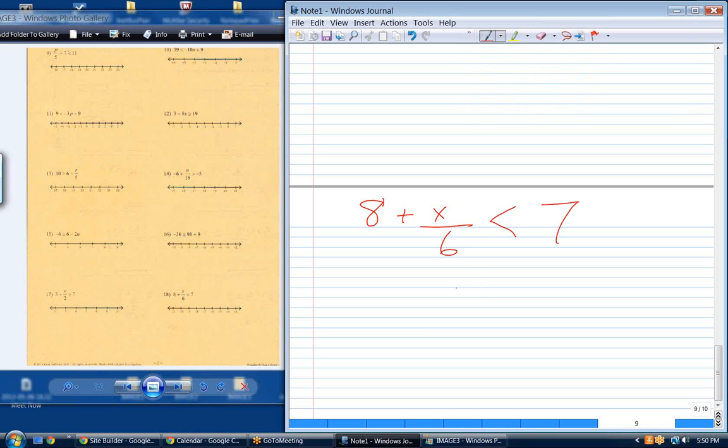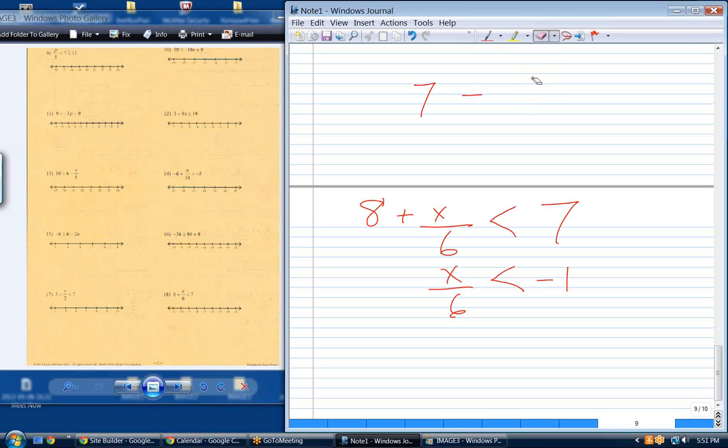Okay. This one? So 7 minus 8. Okay, what's the next line? Now it'd be x over 6 is less than 1, or negative 1, my bad. Remember that if you ever subtract a bigger number from a smaller number, it has to be negative.